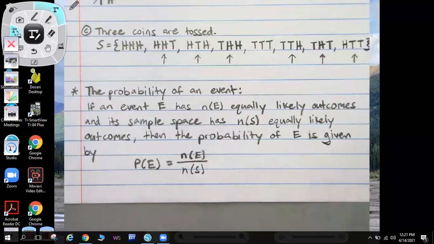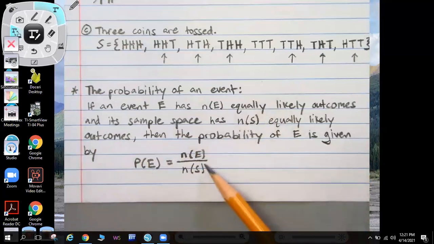The probability of an event: if an event E has N of E equally likely outcomes and its sample space has N of S equally likely outcomes, then the probability of E is given by P of E equals N of E over N of S.